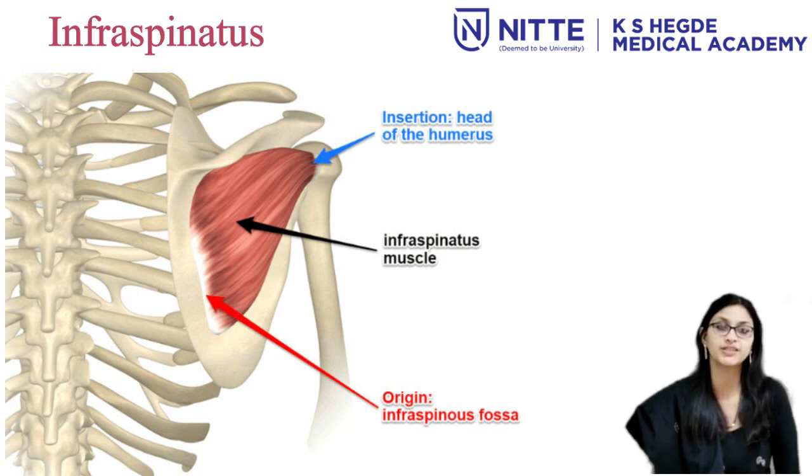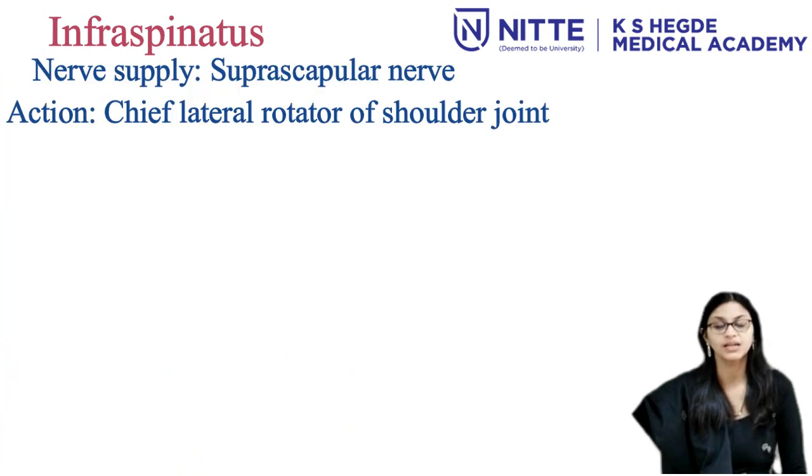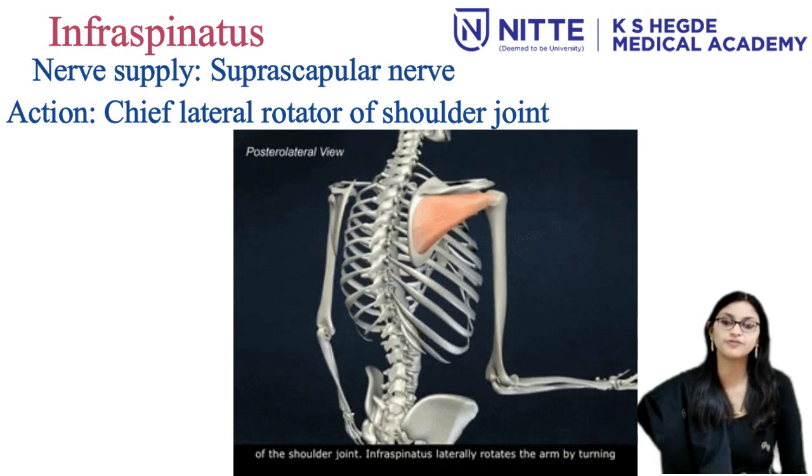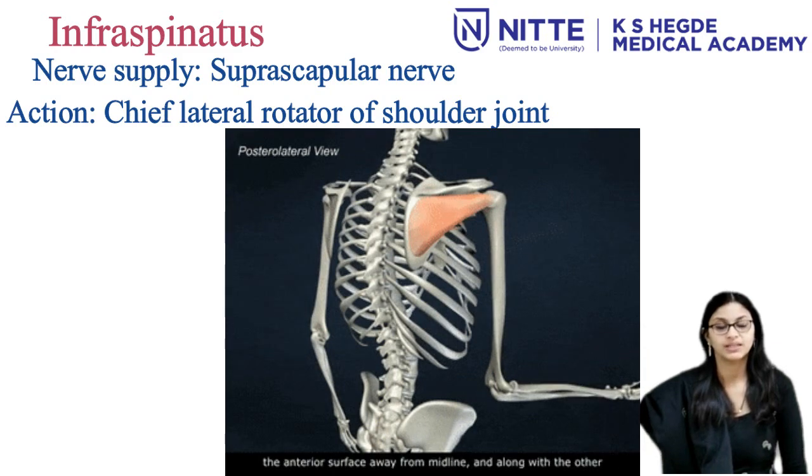About the insertion, the middle impression of the greater tubercle of the humerus receives the insertion of infraspinatus, and also the capsule of the shoulder joint. Nerve supply is by the suprascapular nerve, and this muscle acts as the chief lateral rotator of the shoulder joint.